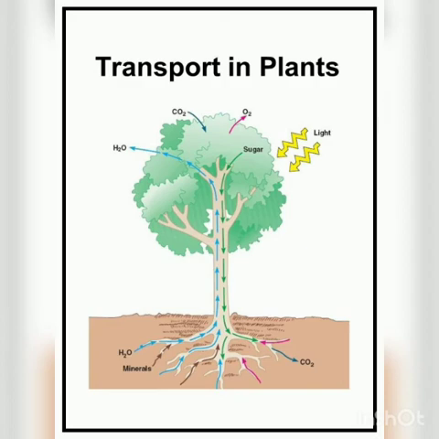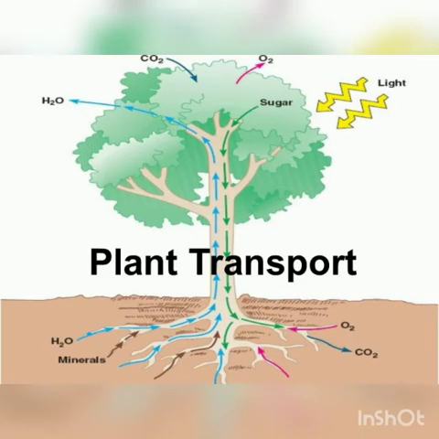So xylem is called the vascular tissue, like the heart and circulatory system are called the vascular tissue in the case of human beings, and in the case of plants, xylem is the vascular tissue. And also phloem. Xylem transports water and phloem transports food. We have two different tissues present in plants. One is xylem, the other one is phloem.